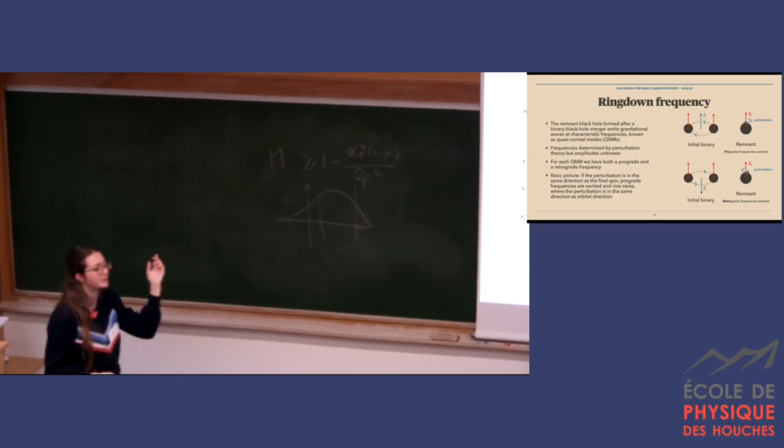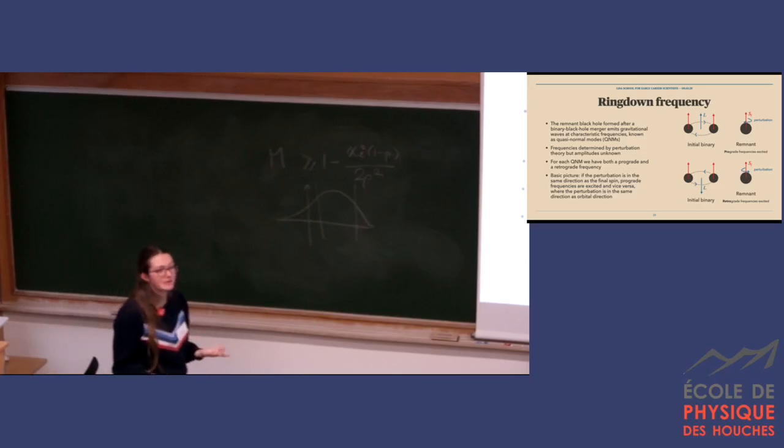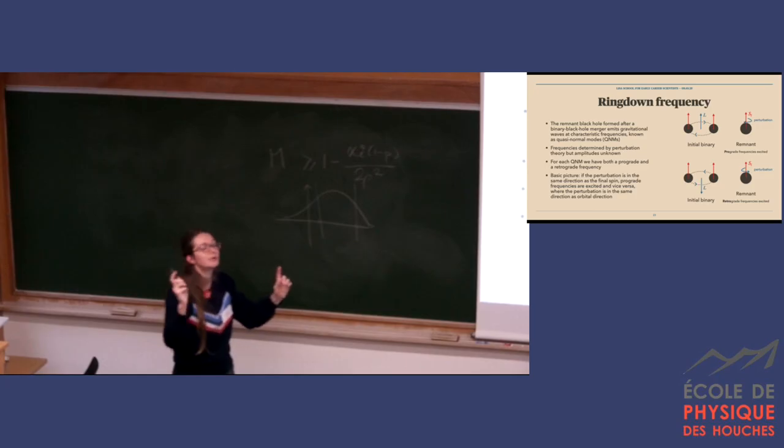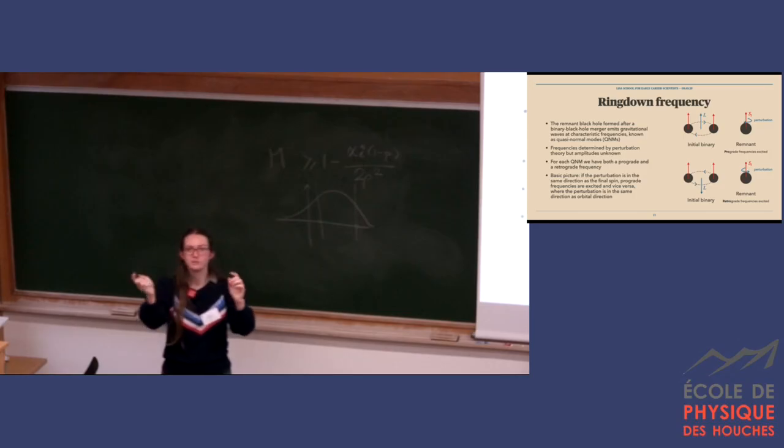Those will be two different frequencies. For an aligned-spin binary, the perturbation will be in the same direction, largely, that the binary was initially spinning. So if the binary is going around like this, then the final black hole will also be spinning in that direction.